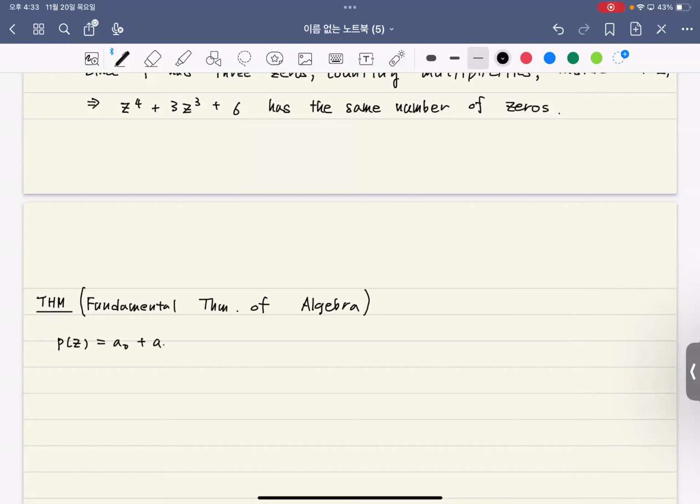A polynomial a0 plus a1 z plus ... plus a_{n-1} z^{n-1} plus a_n z^n, where a_n is non-zero, has n zeros, counting multiplicities.